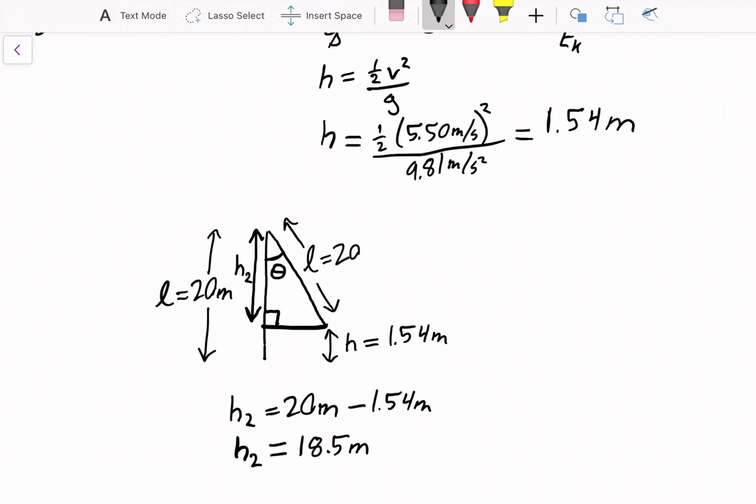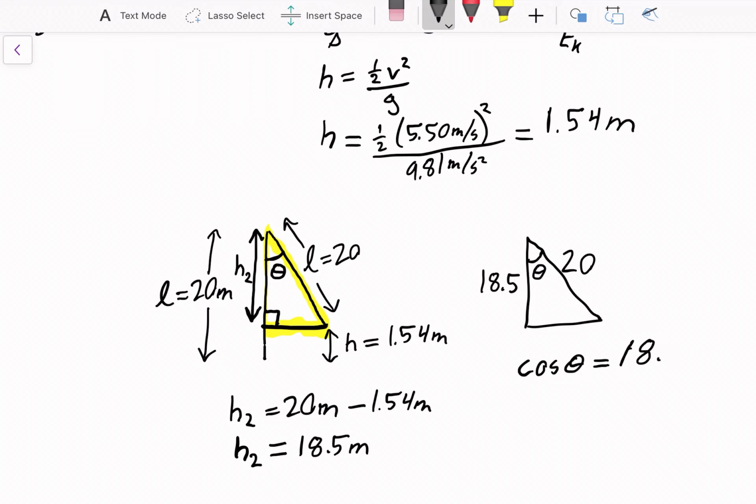So now we've got a triangle, and again, let me just draw this out. So this triangle here, I'll draw it over here. We've got a side with a length of 20, a side with a length of 18.5, and an angle in between. So if we think back to SOHCAHTOA, cosine of our angle is going to be equal to adjacent over hypotenuse, which in this case is 18.5 over 20 meters.